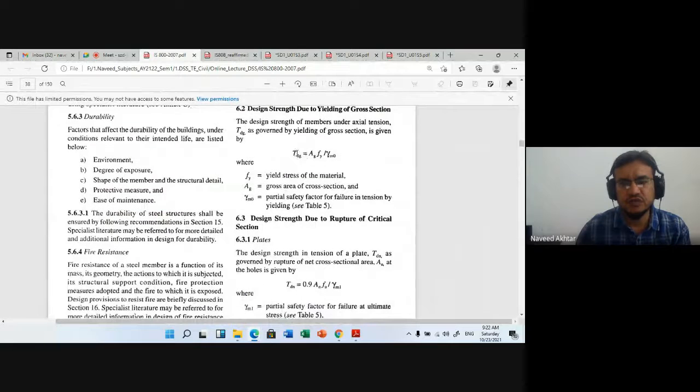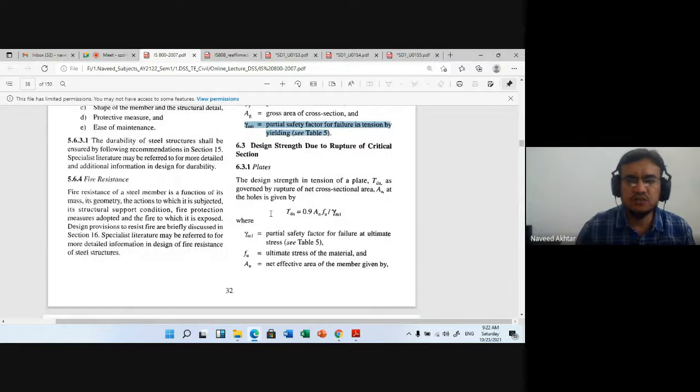FY is the yield strength of the material because cross section yielding is there. If there is yielding, then you have to use gamma M0, the partial safety factor for yielding, taken from Table 5 of the same IS code on page number 30.